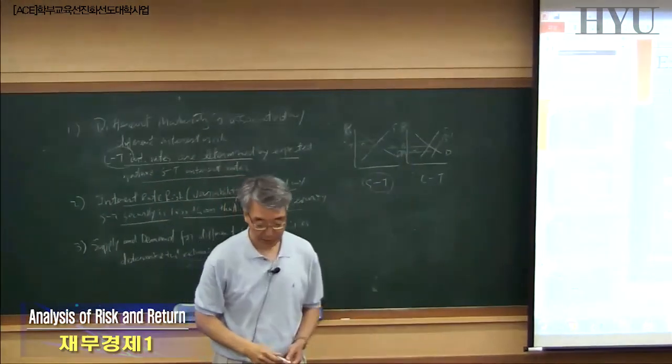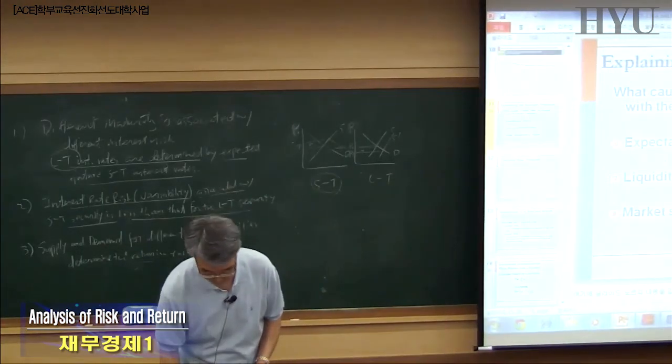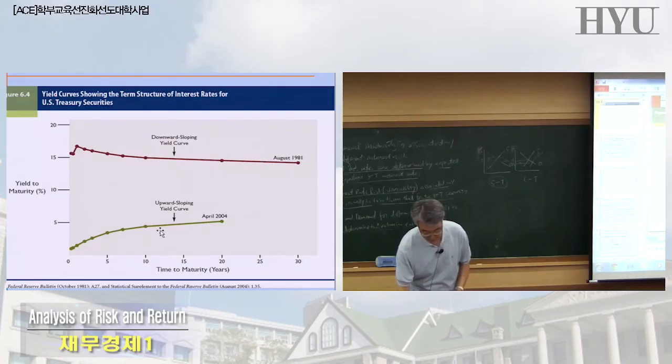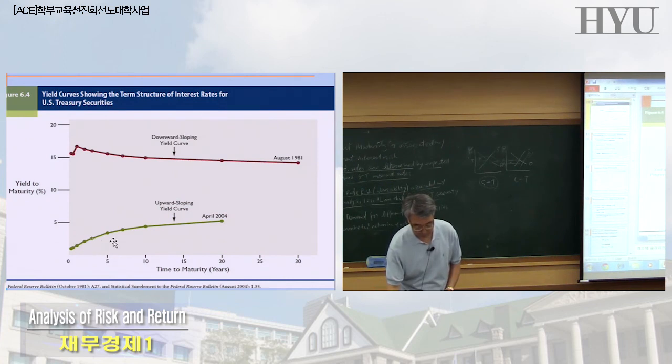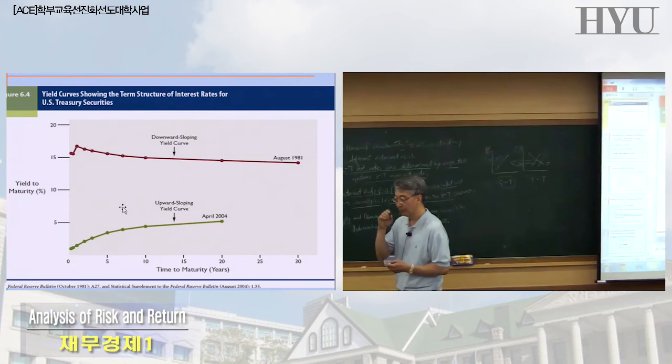So market segmentation theory means, in explaining the term structure of interest rate, here's a different market for short-term and medium-term and long-term securities, right? And all these returns are based on supply and demand.